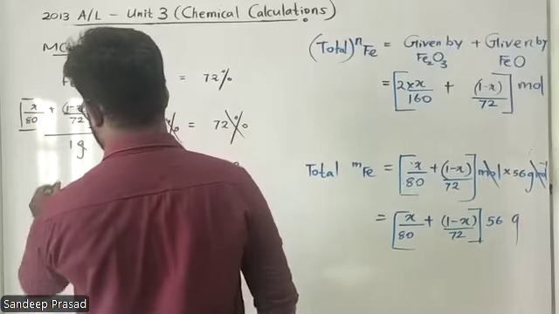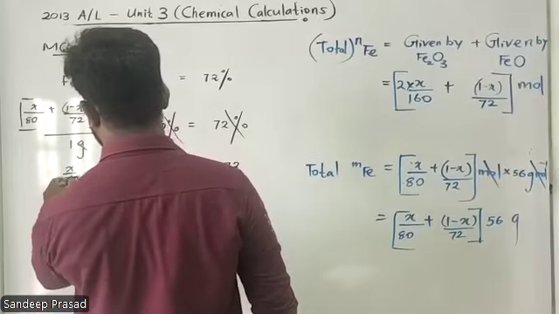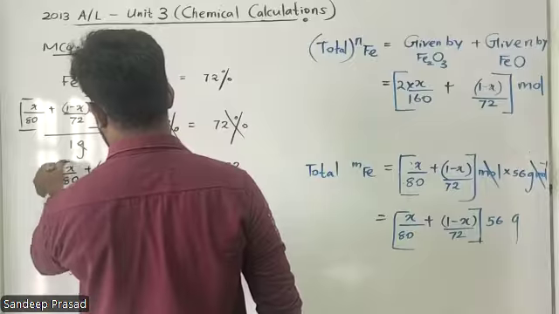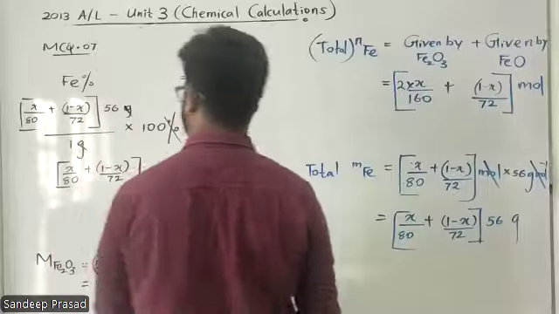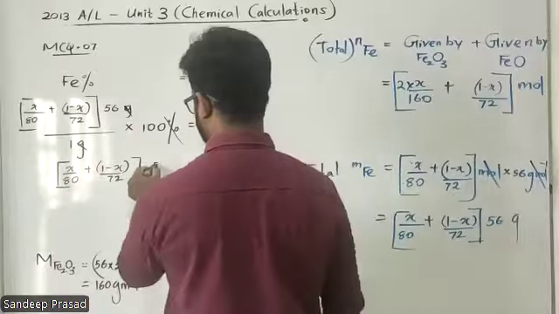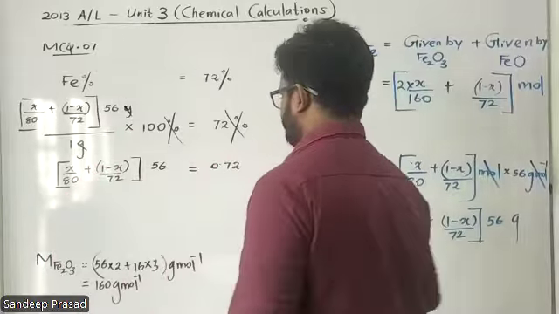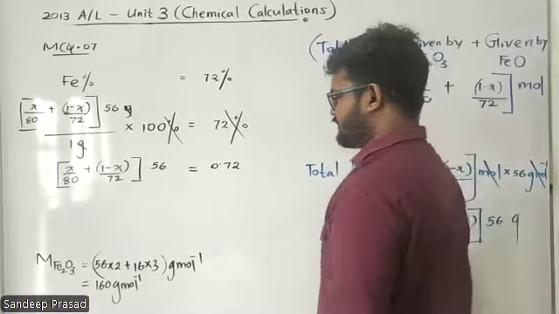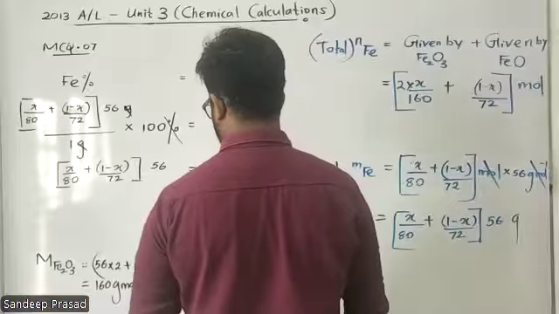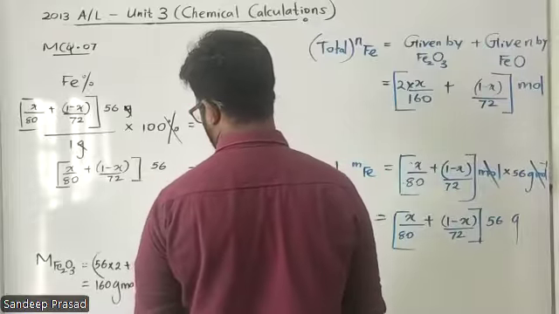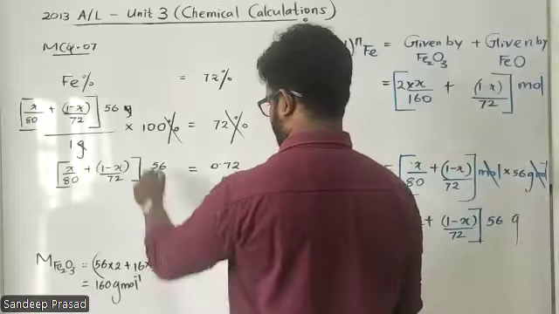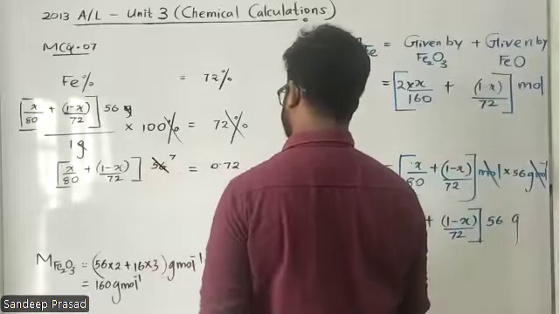And here we have x over 80 plus 1 minus x over 72, into 56. I think that these two values are divisible by 8. Yeah, 8 into 7.